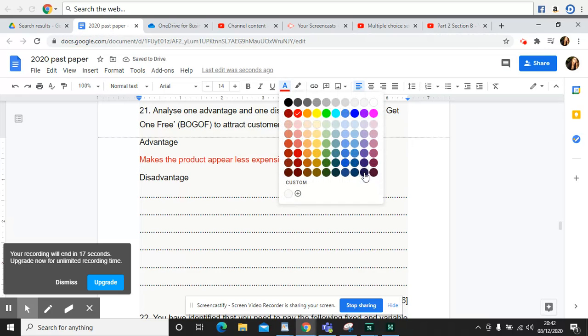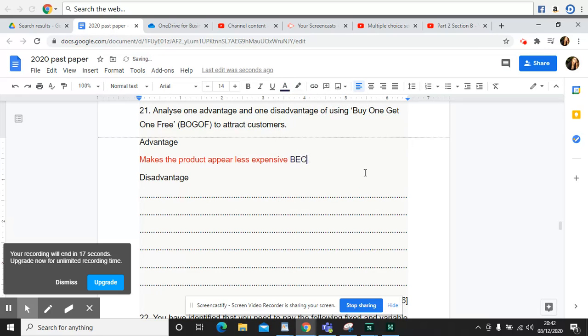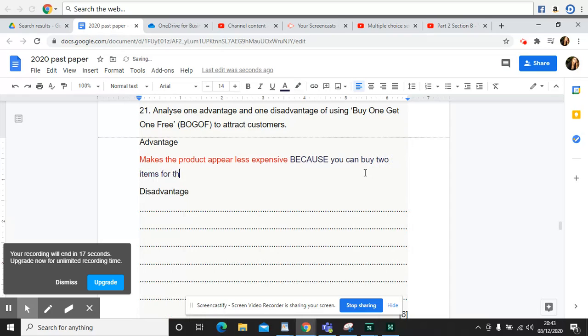Okay, and this is because you can buy 2 items for the price of 1. Remember that I'm doing this, I'm saying state because this leads to and therefore.